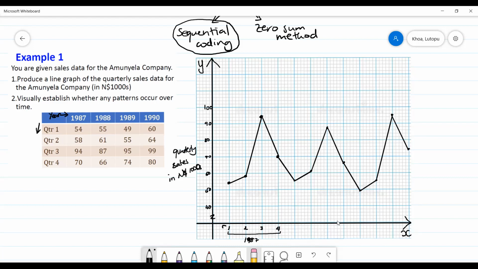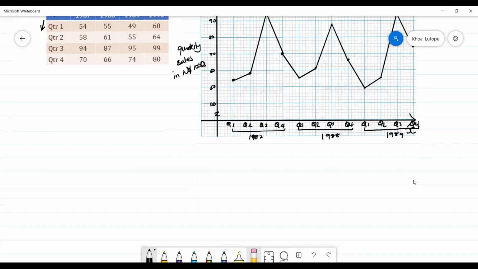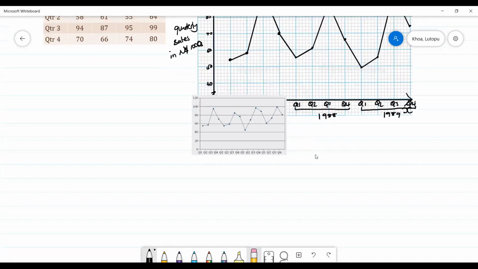So this is, call them Q1, Q2, Q3, Q4, and just note that this is 1988. This is 1989, and you need another one for 1990.